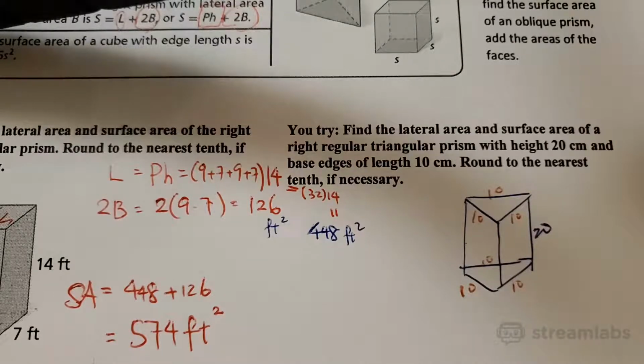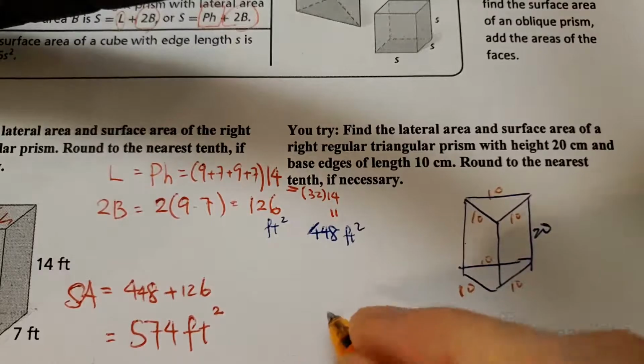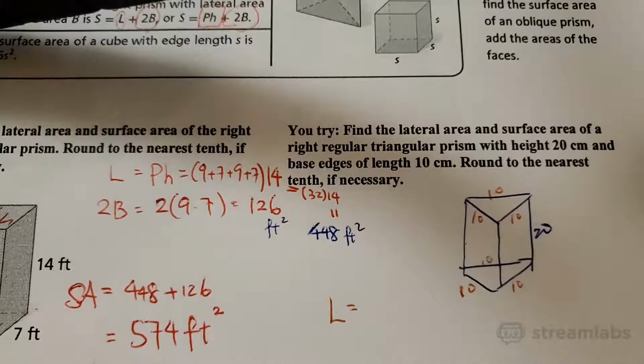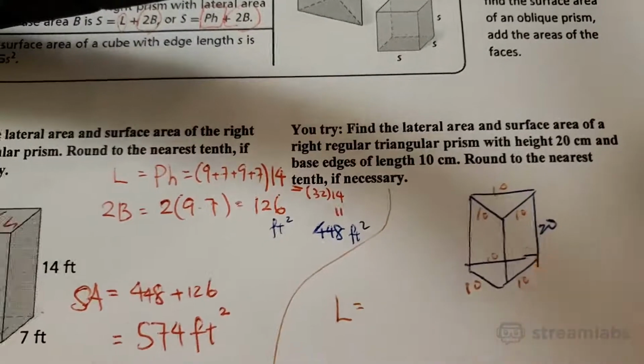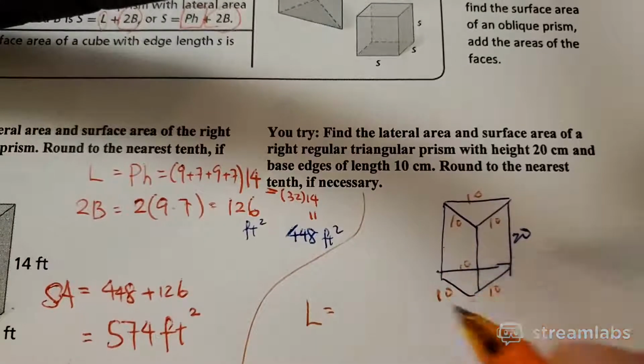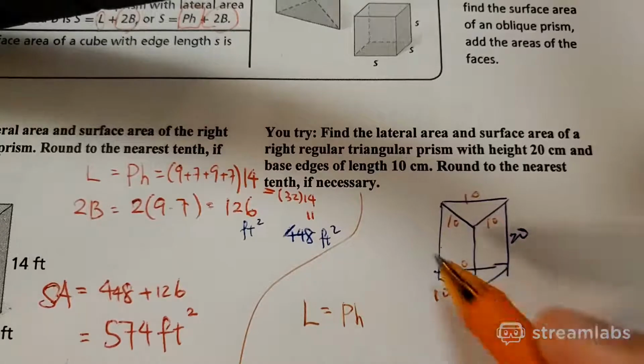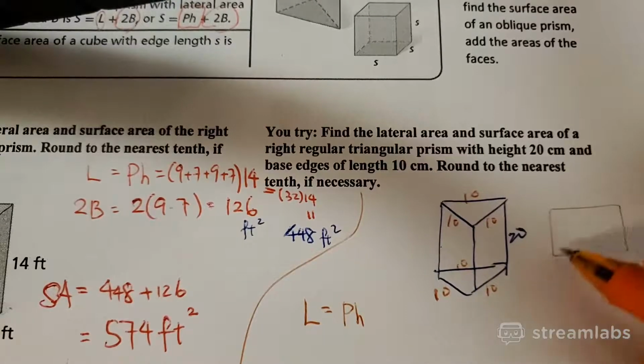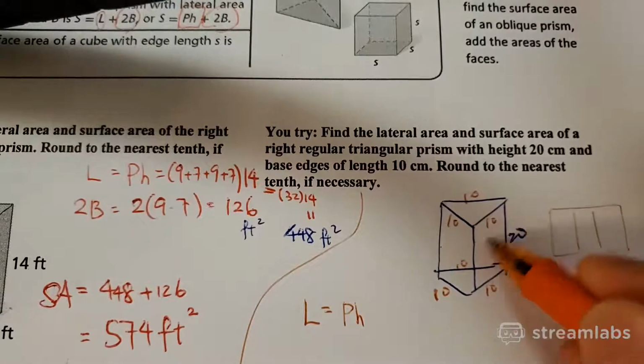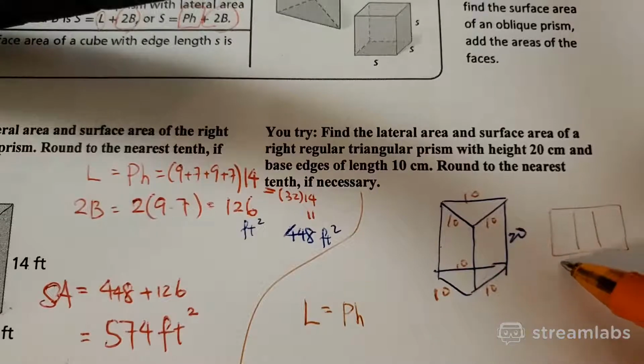So then your lateral area needs to be the perimeter times height, right? Perimeter times height, which is this times height. Because if you open it up, it will look like a rectangle, the lateral area, this part. And it'll be 10 each: 10, 10, 10, and then 20 as your height.